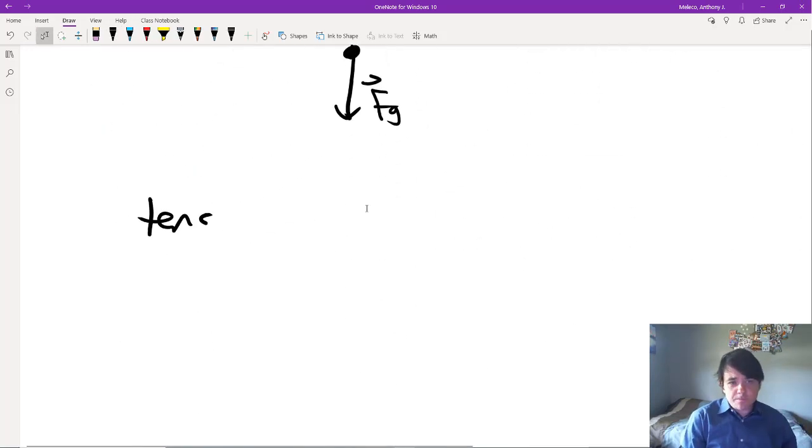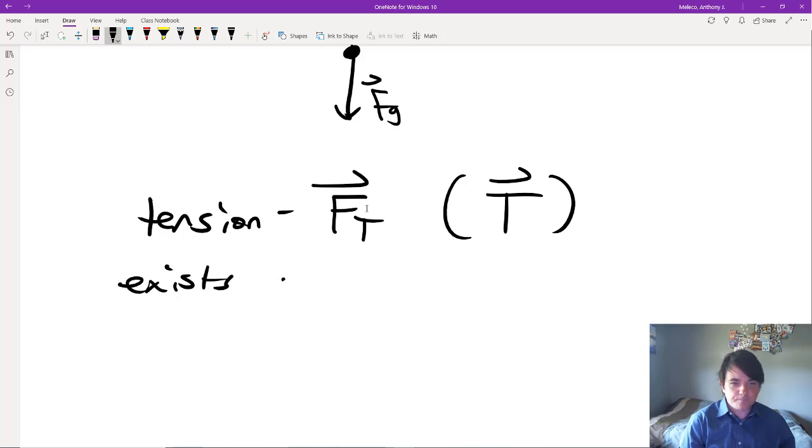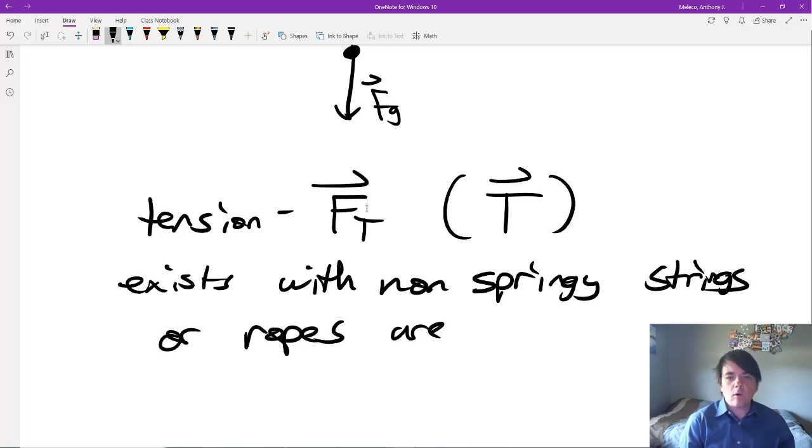There's also tension, another force. This is Ft. You may also see just T. And this exists when non-springy strings or ropes are present.